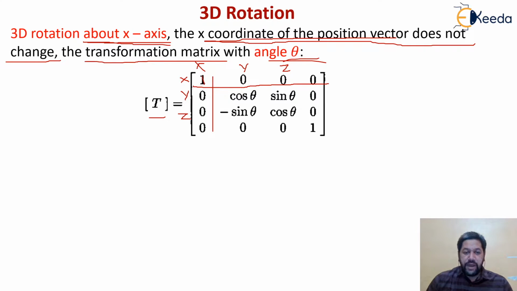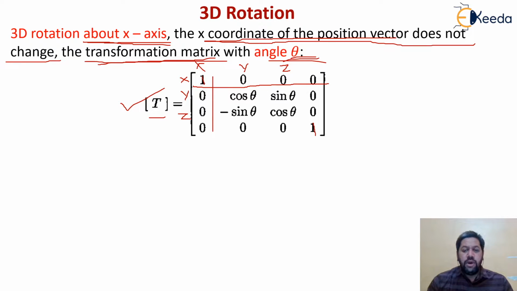So if I consider the second row y, this value is y into y: cos theta, sin theta, minus sin theta, cos theta. Obviously the diagonal value is 1, and all remaining values are 0, 0, 0. So this was my 3D rotation about the x-axis transformation matrix, and I consider the angle to be theta. So I have cos theta, sin theta, minus sin theta and cos theta.